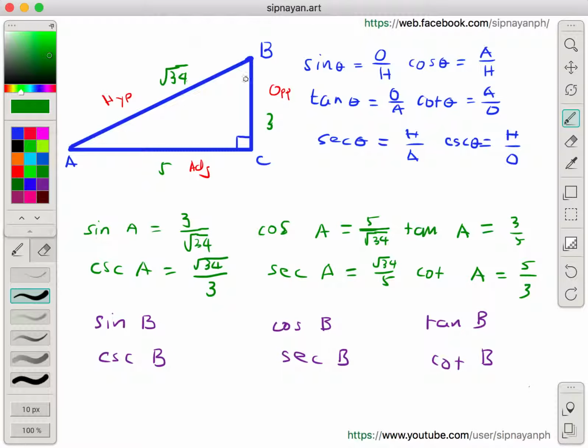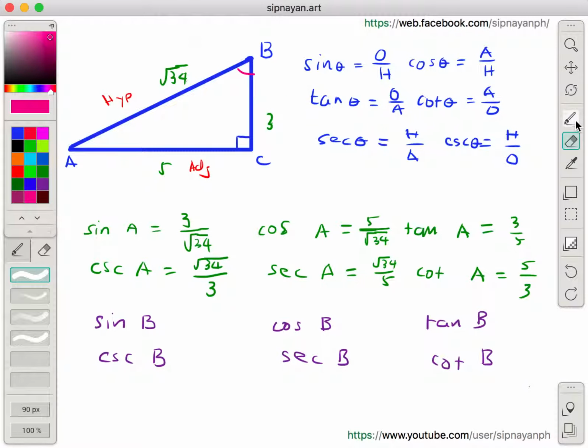Babaguhin natin, paano naman kung B yung titignan natin? So, may iba na siya. Pag B naman ang titignan natin, hindi na ito yung opposite ng B. Magpapalit yung adjacent tsaka yung opposite. Kasi, yung adjacent ng B is itong side na to, yung BC.